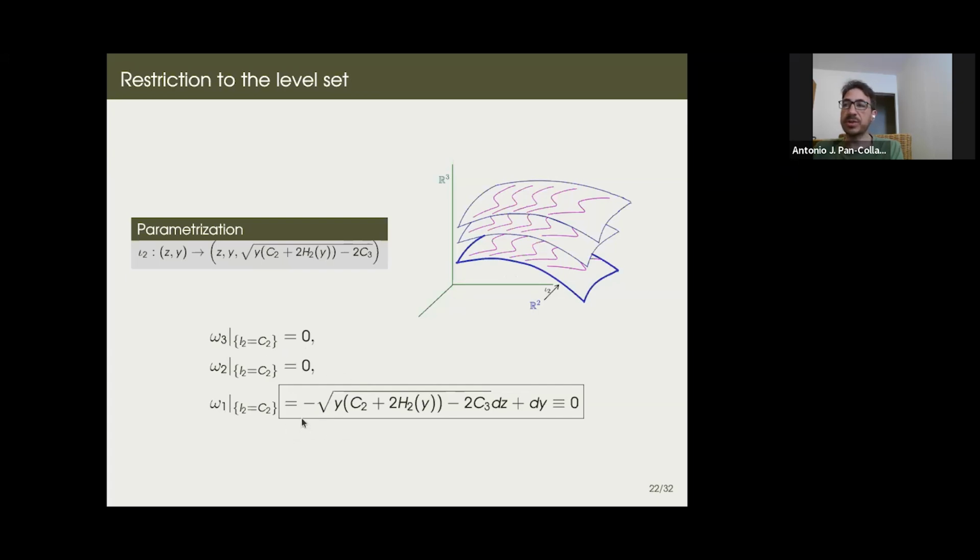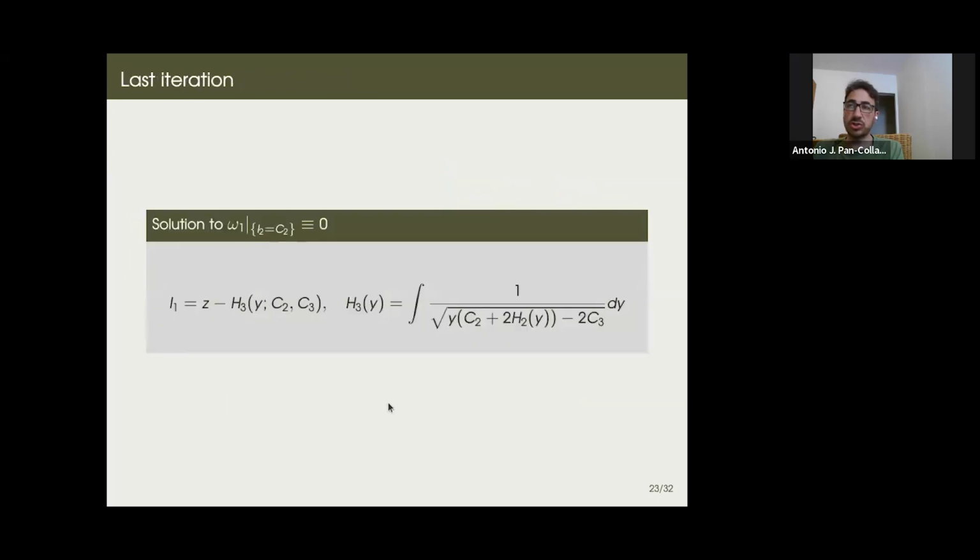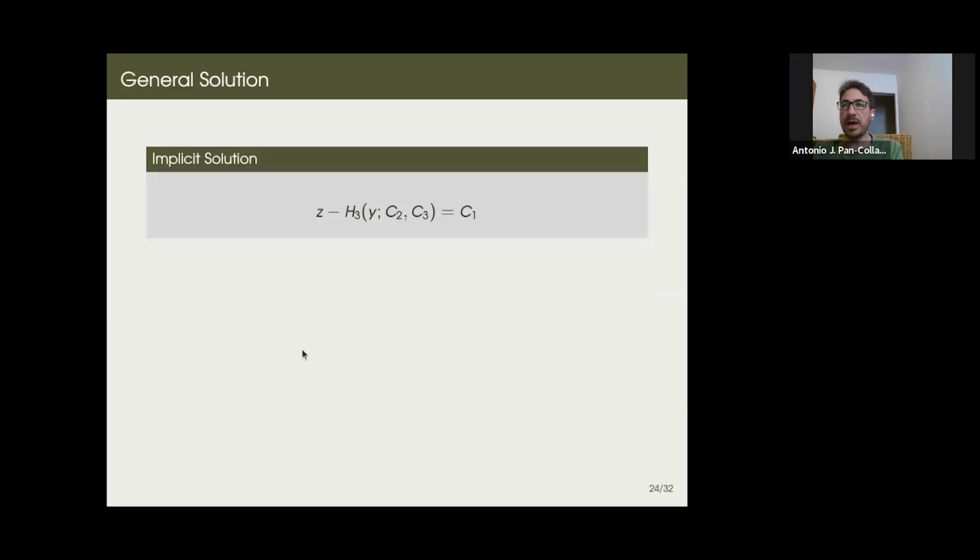And finally, we tackle the last Pfaffian equation, which is shown here. A solution is given by this expression you can see here, and therefore all the solutions are given by this 3-parameter family of functions given in implicit form.